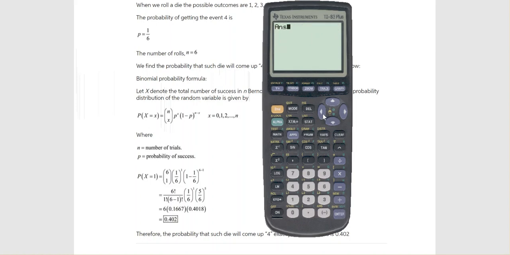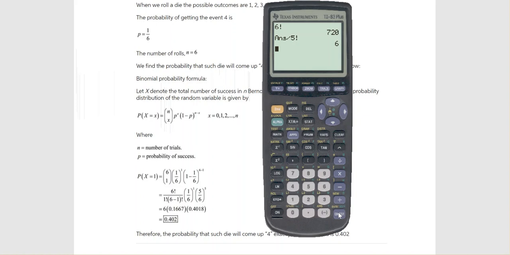So you can put a 6 in the answer spot. 6 factorial, all right, divided by, and then if you're going to do this bottom, 1 factorial is just 1, and then 6 minus 1 factorial is 5 factorial, so you're going to divide by 5 factorial. And that's where they get the 6 from.